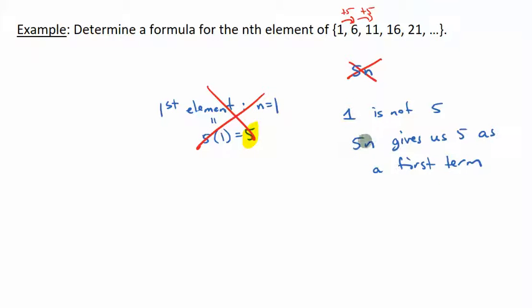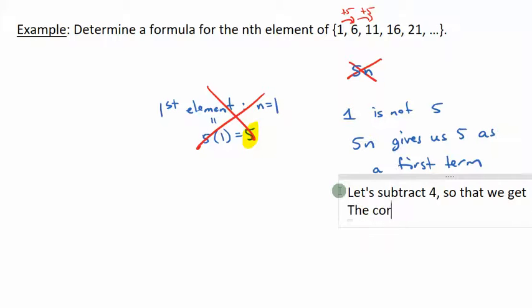If I've got a 5 as my first term and I need it to be a 1, let's subtract 5. Or sorry, let's subtract 4 so that we get the correct first term. So the idea here is that the first term we actually get from our formula is 5, and I need it to be 1. But if I take 4 away from 5, I'll get 1.